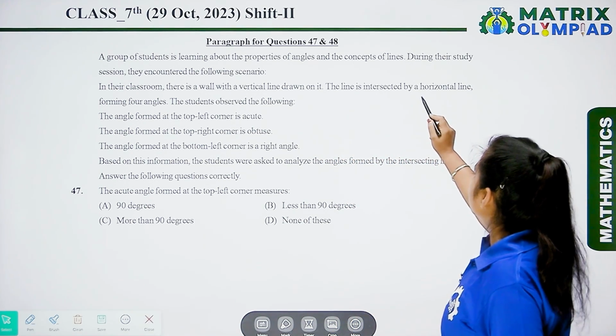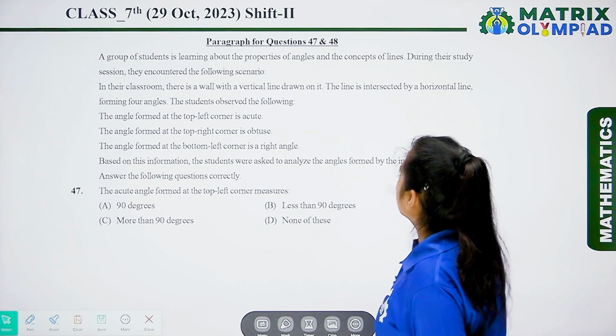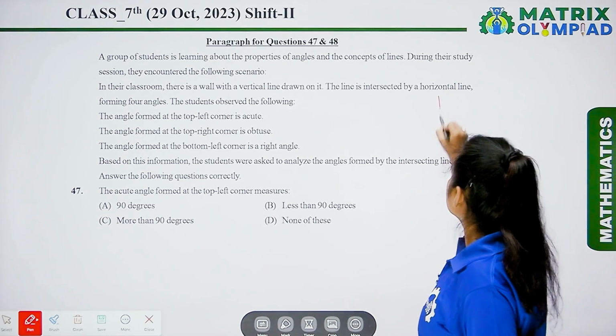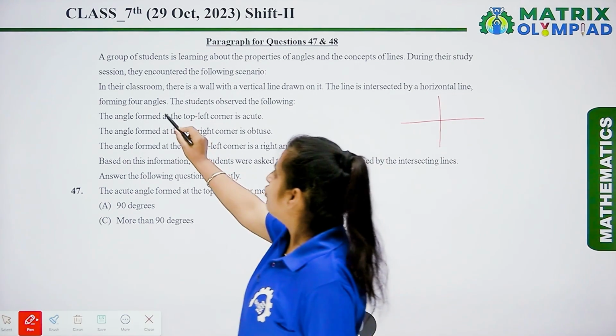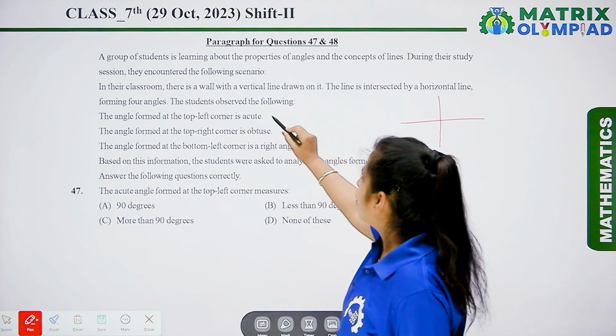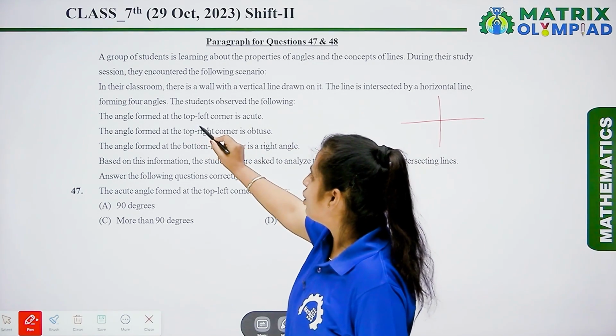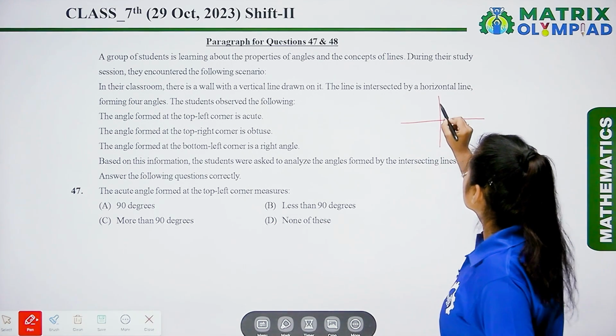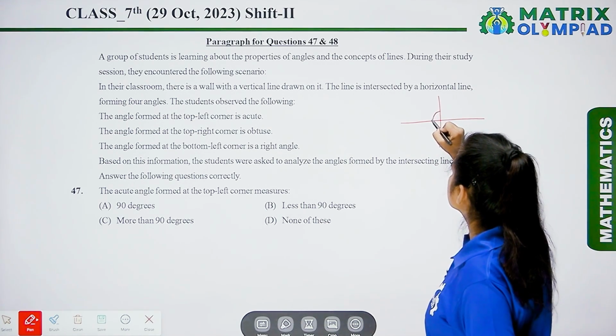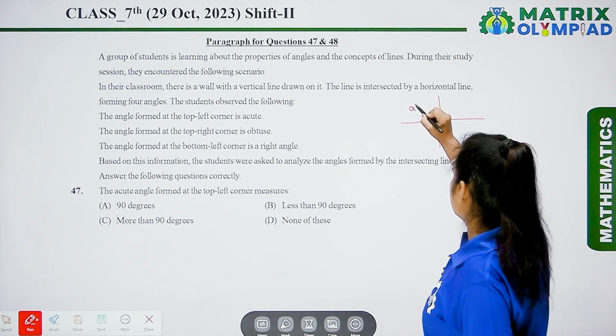The line is intersected by a horizontal line, forming 4 angles. The students observed the following. The angle formed at the top left corner is acute.